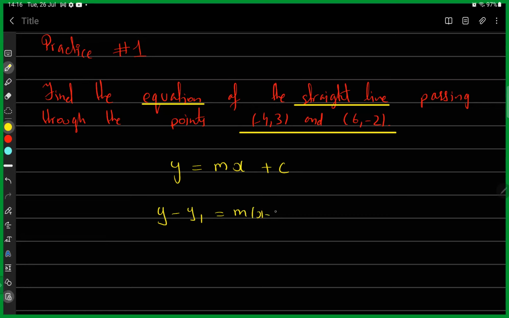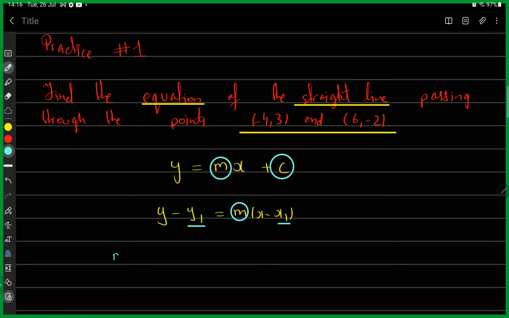Both are completely fine. For the first one you need the slope and the y-intercept, and for the second one you need a point and the slope. I have 2 points, so a point is not an issue. I do not have the gradient.